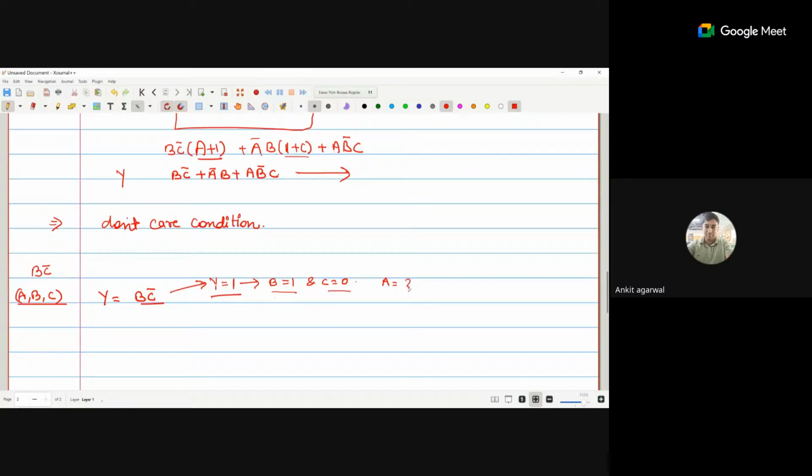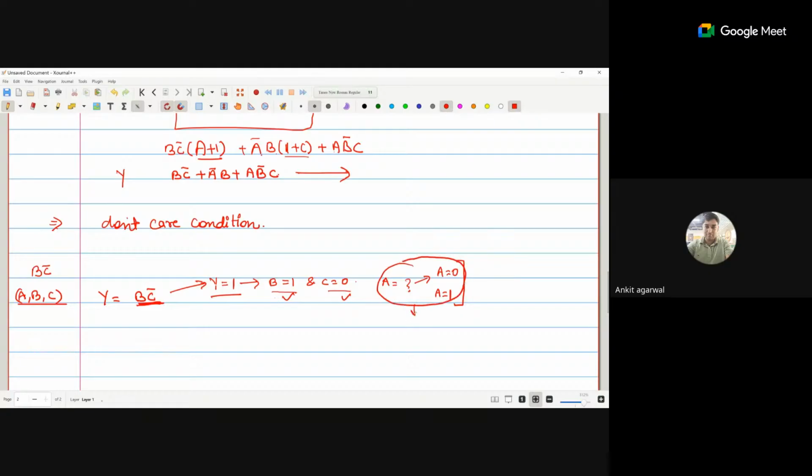What is the condition of A? It can be true in any case, either A is 0 or A is 1. In any case, BC bar is only dependent on B and C. That means A has no effect.